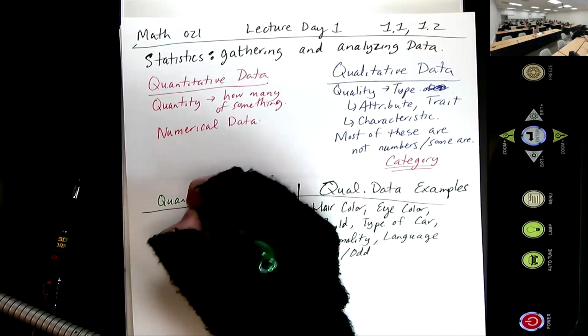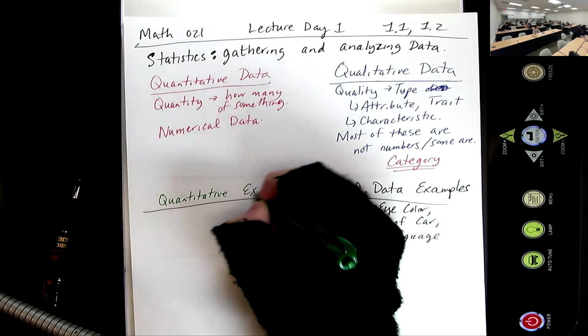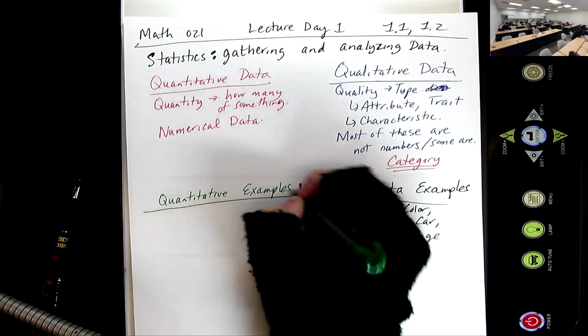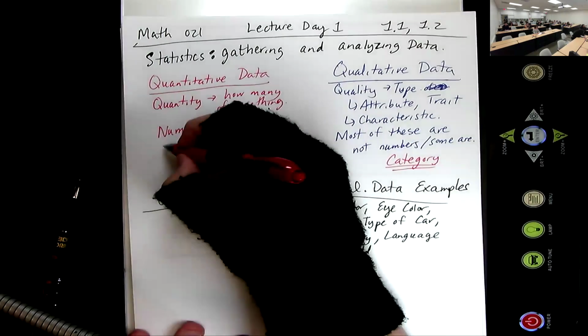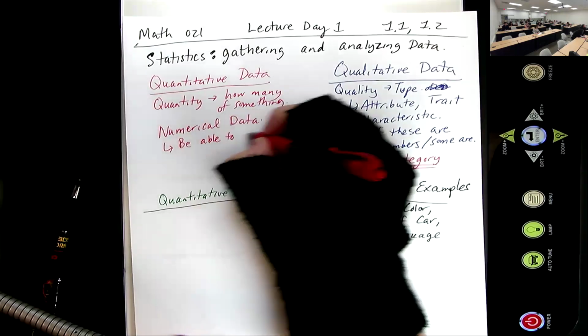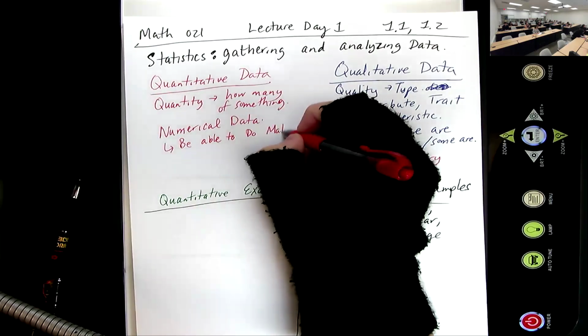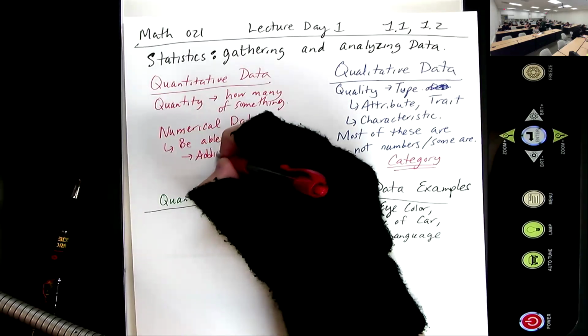And see what it has to have. So quantitative examples. I said we could have numerical in both, so I wanna add something here, like we have to be able to do math on it. Adding and subtracting should make sense.